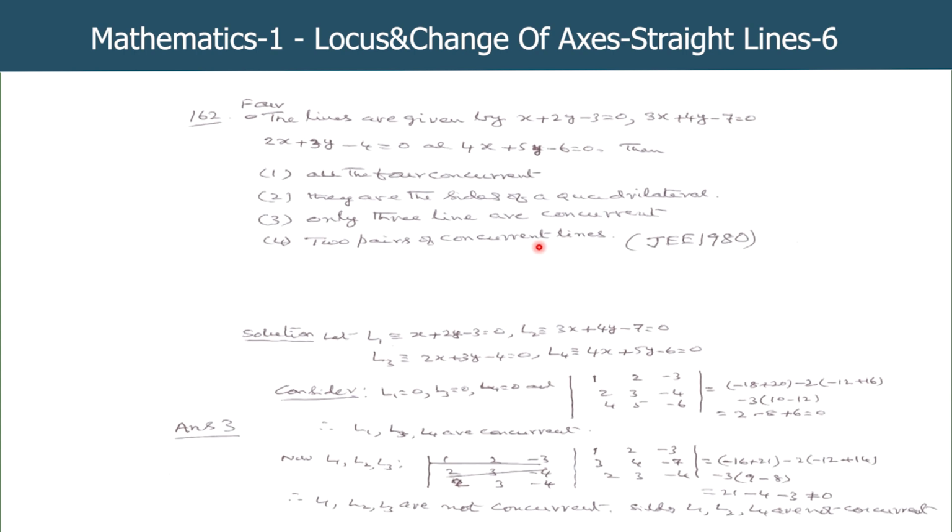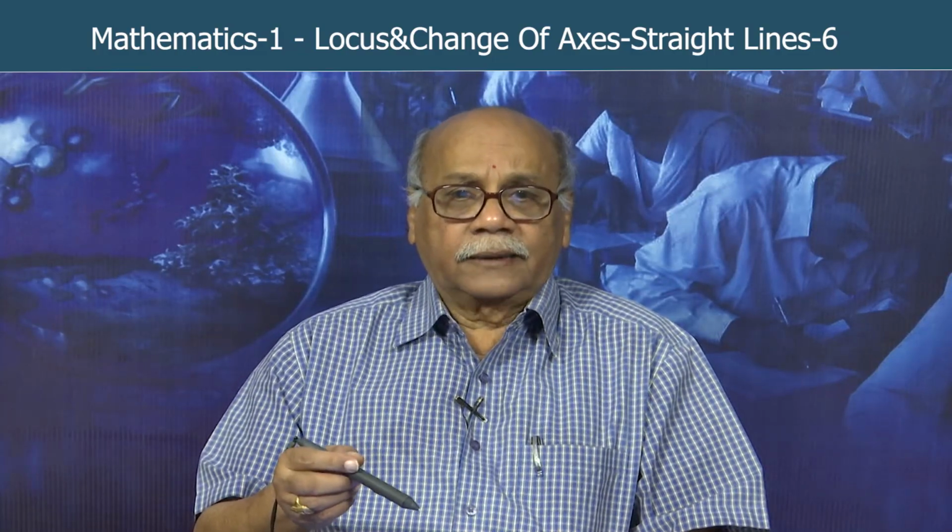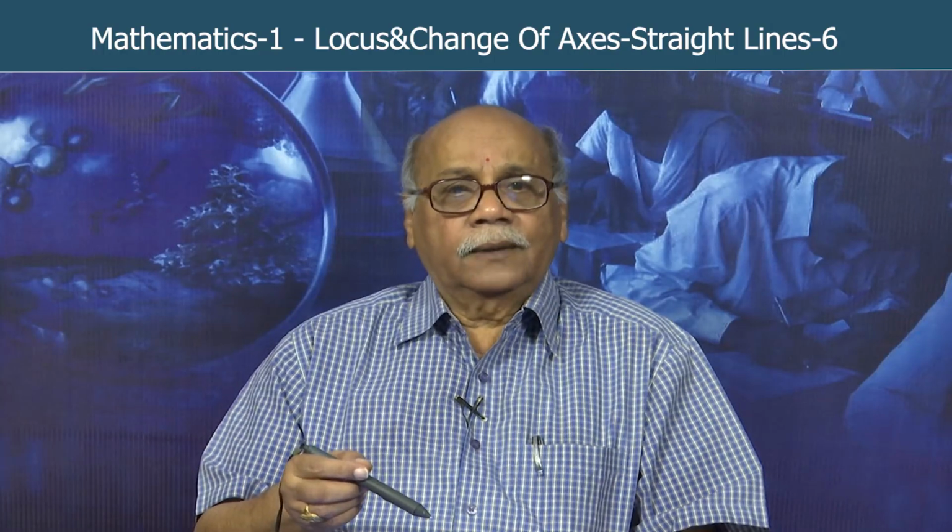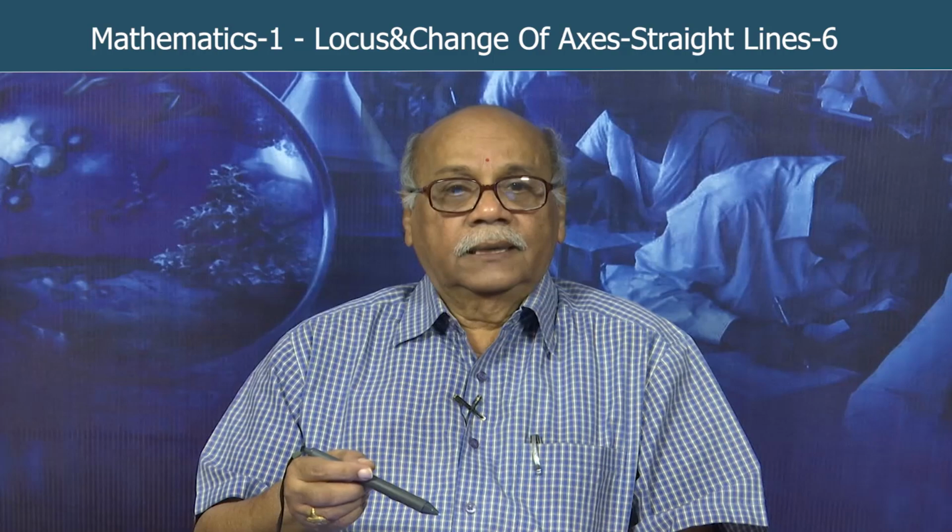Now, the problem is a very simple idea, checking concurrence, but you have to check. In those days, of course, the techniques were limited. So, what they tried is, they obtained the point of intersection of every 2 lines and substituted those coordinates in the other 2 lines.